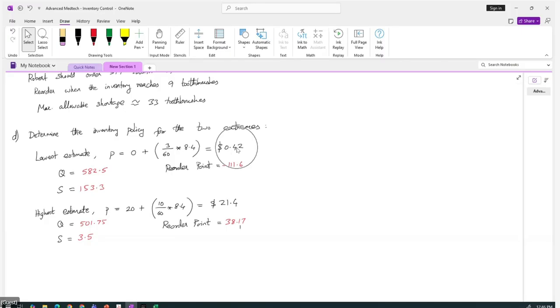Because that shortage cost per unit is less, I can afford to say no even to 153 people, right? Whereas look at the other scenario. Since the shortage cost is higher, I cannot afford to say no. At max, I can say no only to 3-4 people, right? Beyond that, if I say no, automatically my total cost will increase. Hope you got the idea, right?